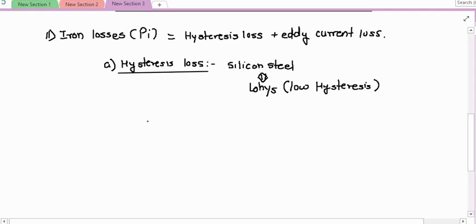Normally the hysteresis loss is denoted by Ph and it is given by Kh Bm raised to 1.6 f v watts.